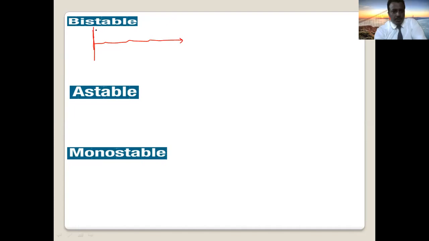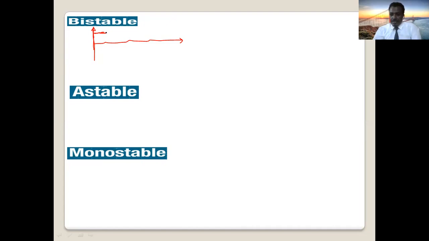Let's say this is the output of the timer. The output, as I said, can be on and off. So initially, let's say the output of this timer is in high state. Okay, it is high, and it remains high until we apply an external input to change the state.